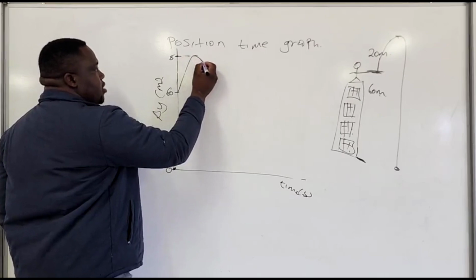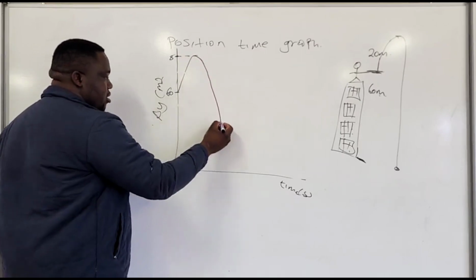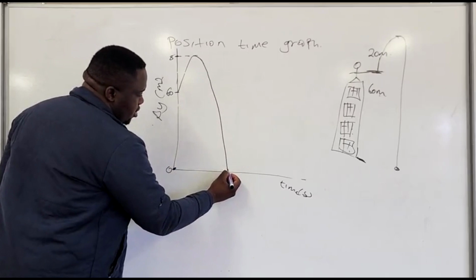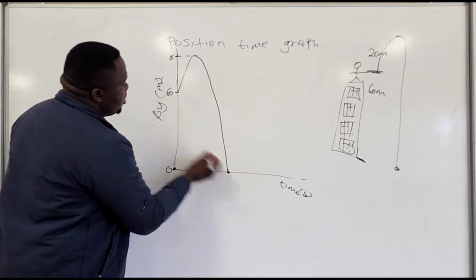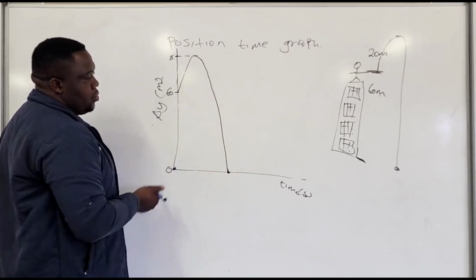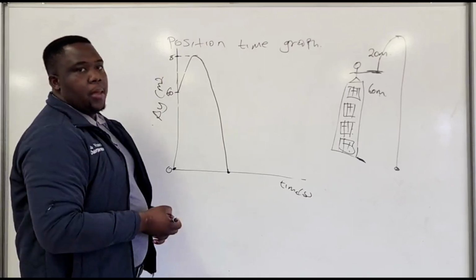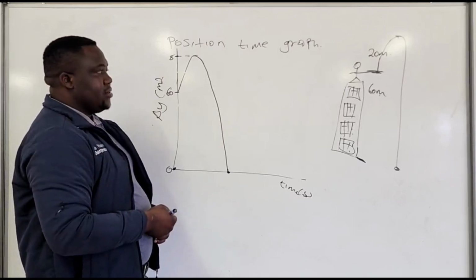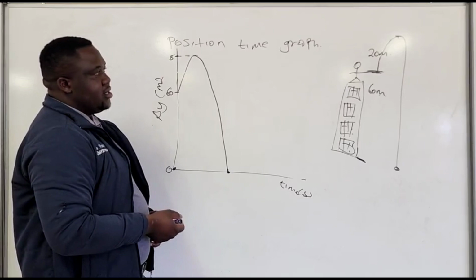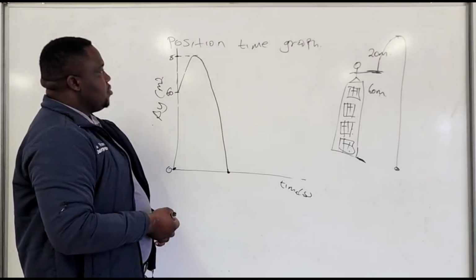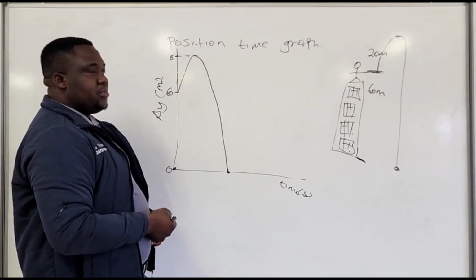At 80, the object then falls down to the ground where the position is 0. We are able to represent that.